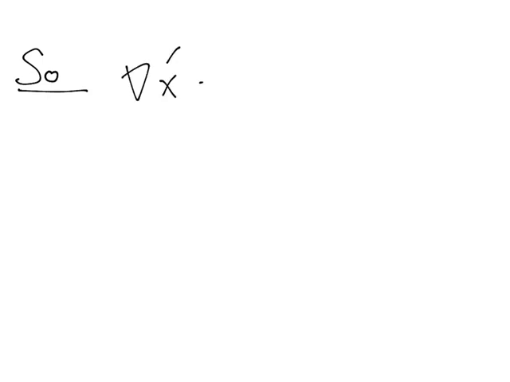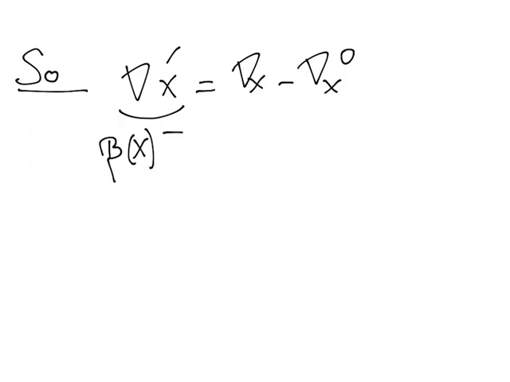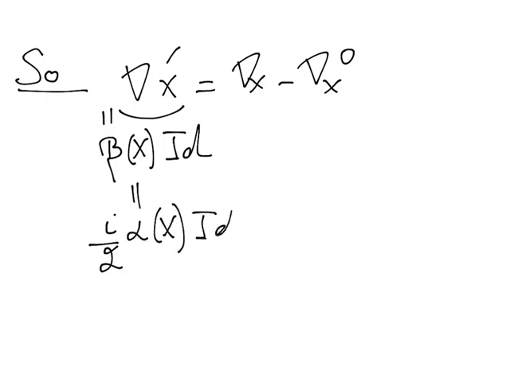So as a conclusion, nabla prime x is nabla x minus nabla x0, but we have proved that nabla prime x is beta of x times the identity, and we have proved that beta of x is I over 2 alpha of x times identity.